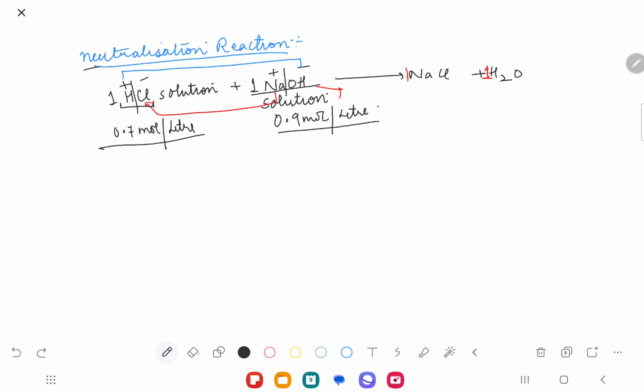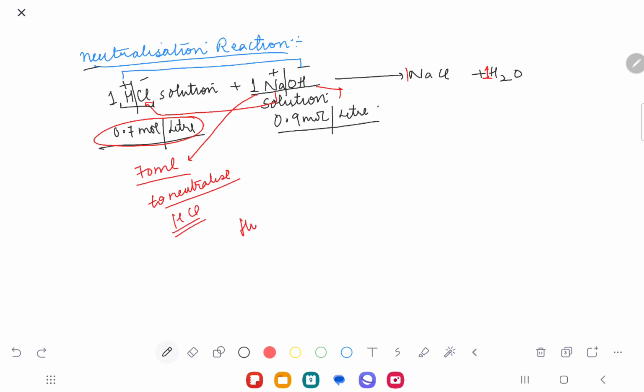Now I'm trying to mix these two solutions and see how much volume of HCl. So now in the beaker, I have taken such a solution, let's suppose 70 ml. And now I'm seeing how much NaOH I would be requiring to neutralize the HCl.